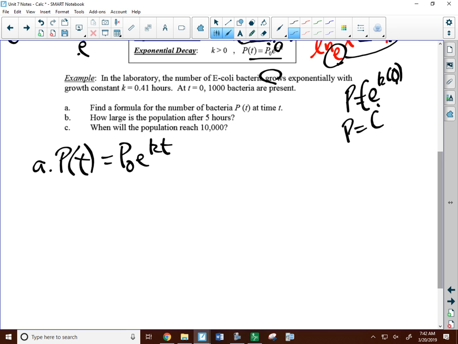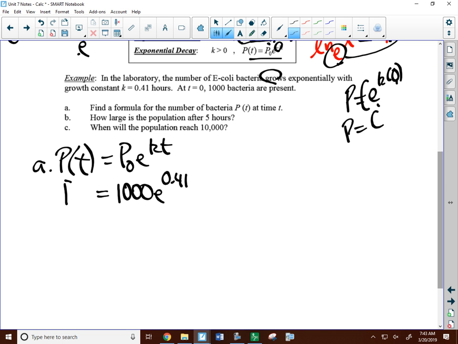Alright, so let's fill in what we know. At t equals 0, 1,000 bacteria are present. That's the initial amount, so I'm going to put in 1,000 here. E is always just e. They did give us k, the growth constant, 0.41.